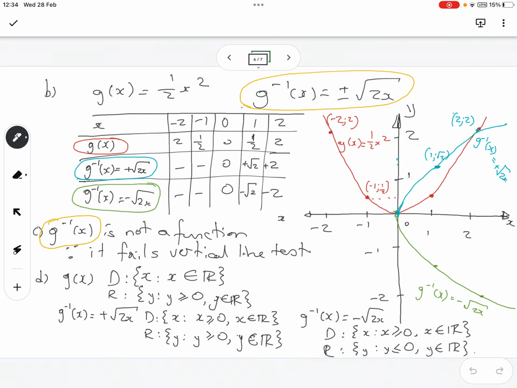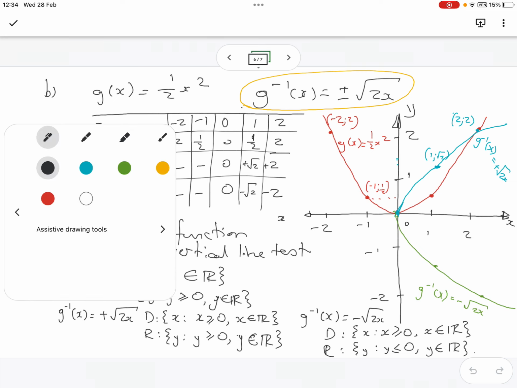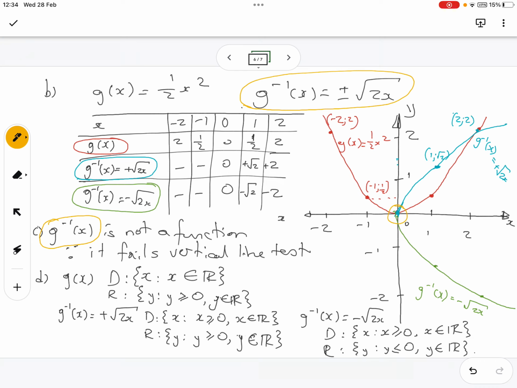Let's look back at our graph. Where do the graphs intersect? At 0, 0. And where else? At 2, 2. And this is only for g of x and g inverse of x for the positive root.